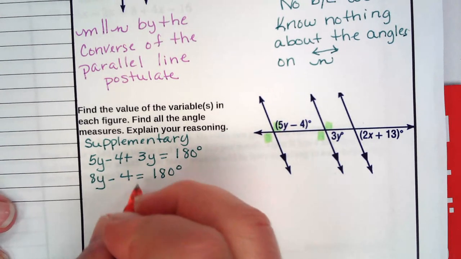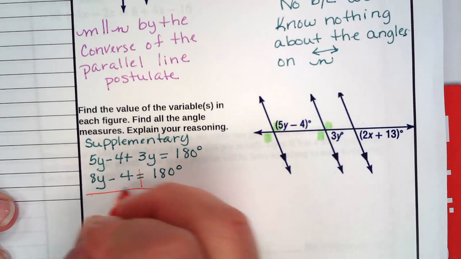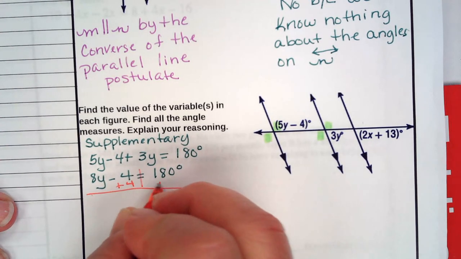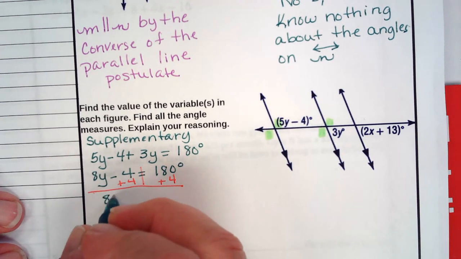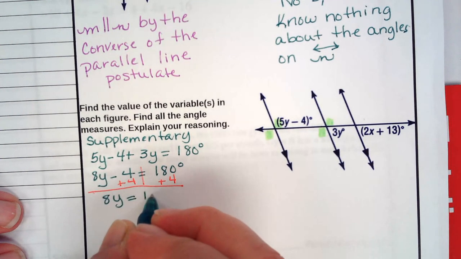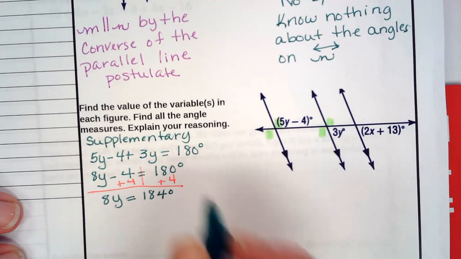Add 4 to both sides. 8y is equal to 184 degrees.